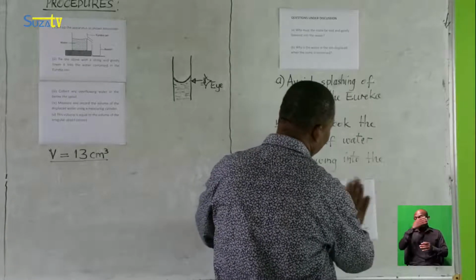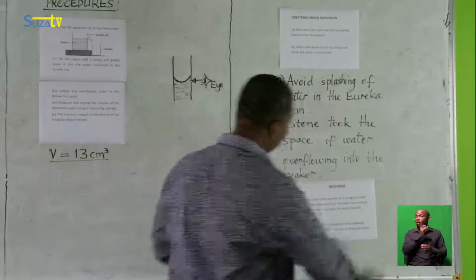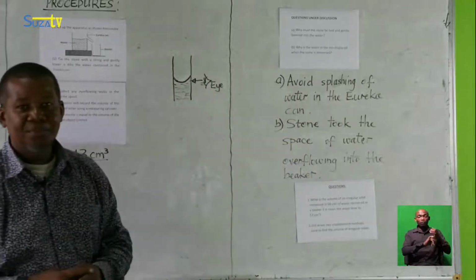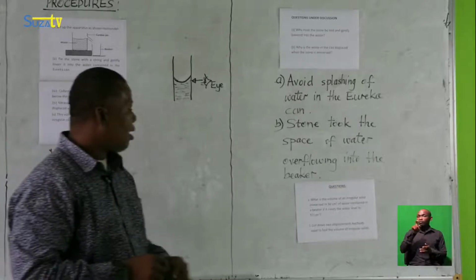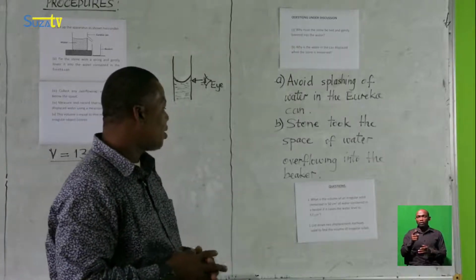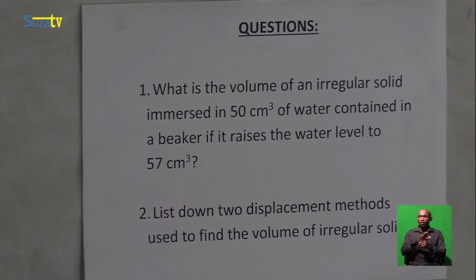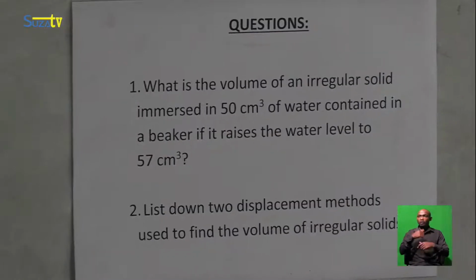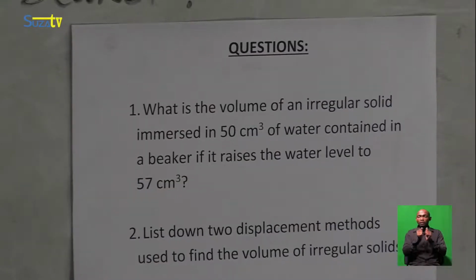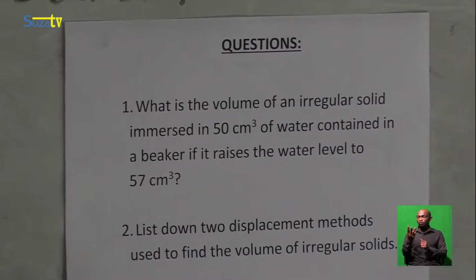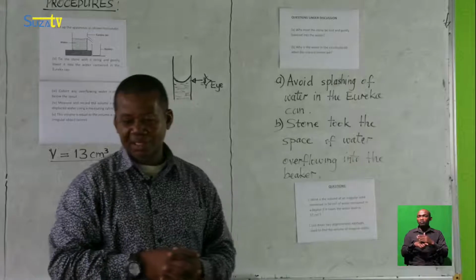Don't forget to share your answer with your fellow students and your teacher. The first one, what is the volume of an irregular solid immersed in 50 centimeter cube of water contained in a beaker if it raises the water level to 57 centimeter cube?